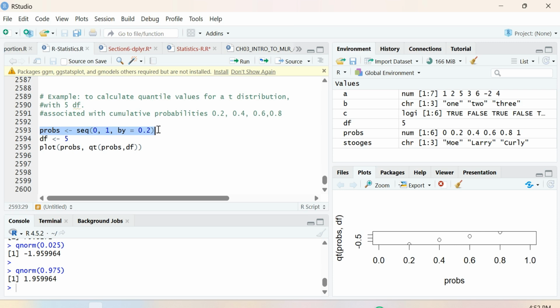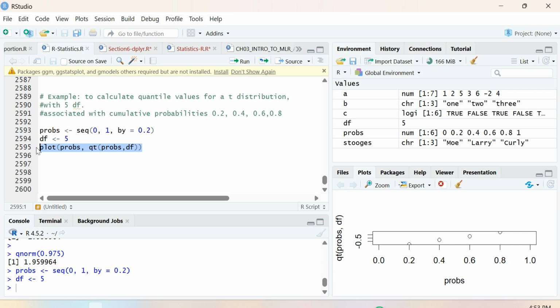So we first create a vector from 0 to 1 with a gap of 0.2, which means we calculate the quantile values for probabilities 0, 0.2, 0.4, 0.6, 0.8 and 1. We set the degrees of freedom to 5, because the t-distribution's only parameter is the degrees of freedom. It has no mean value and no standard deviation.